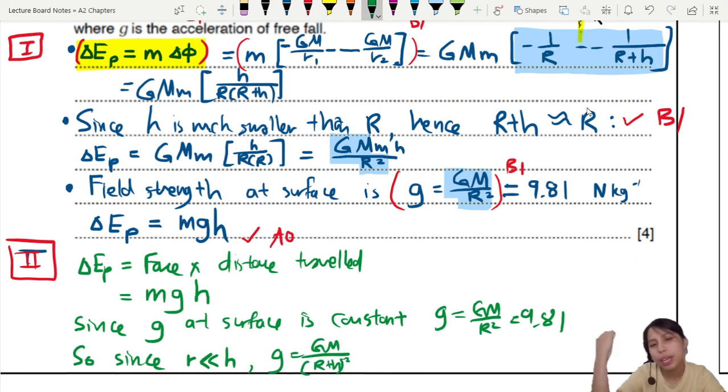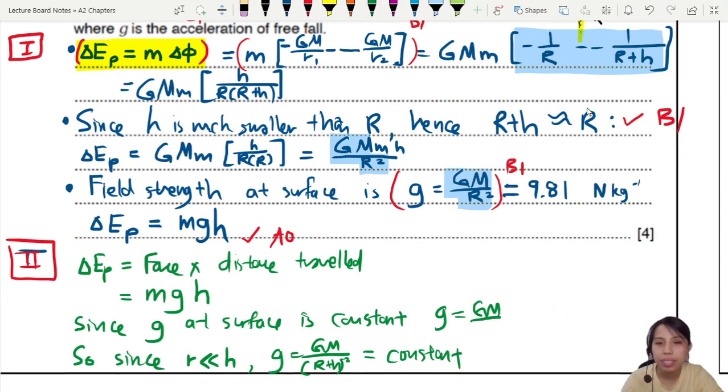But h is so small, we ignore. Then it's constant. Actually, I should rub off the top line. Sorry. Let's write here as r squared first. Okay, not constant, we don't know yet. We just say it's GM over r squared. Constant or not, we don't know.